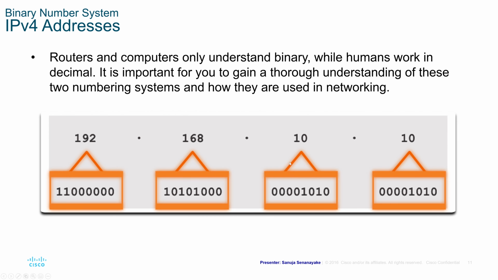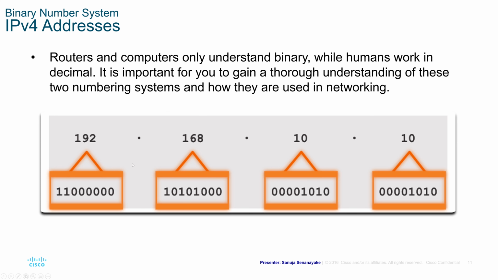The IPv4 addresses used by routers and computers only understand binary, while humans work in decimal. So it is important for you to gain a thorough understanding of these two numbering systems and how they are used in networking. For example, an IP address of 192.168.10.10 is what humans understand.